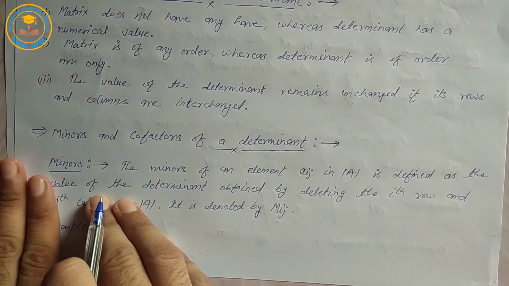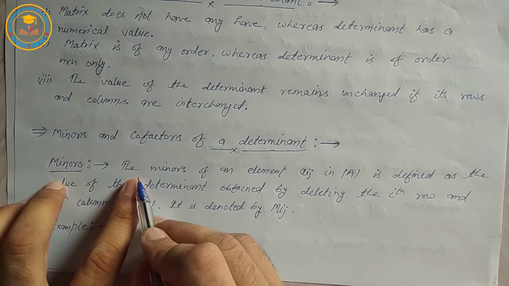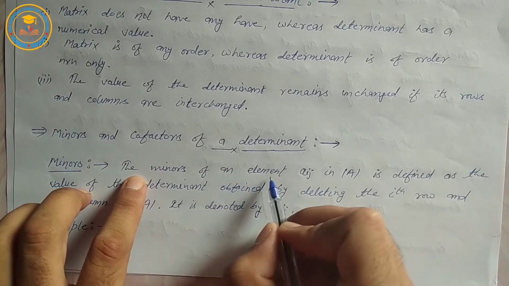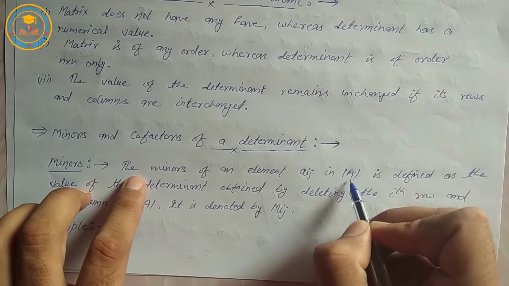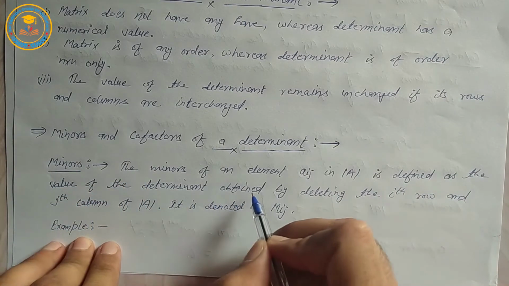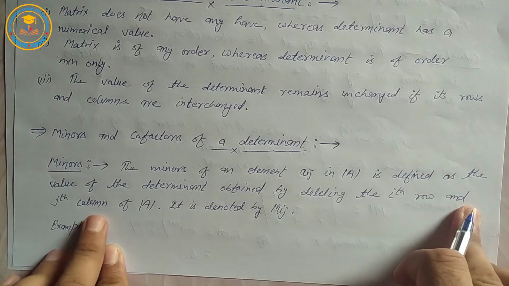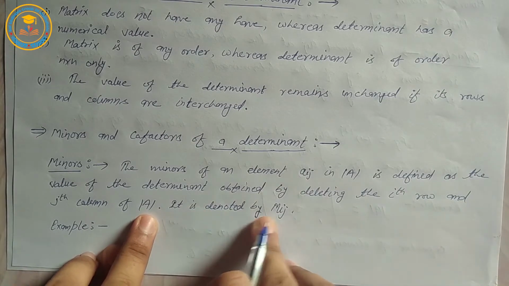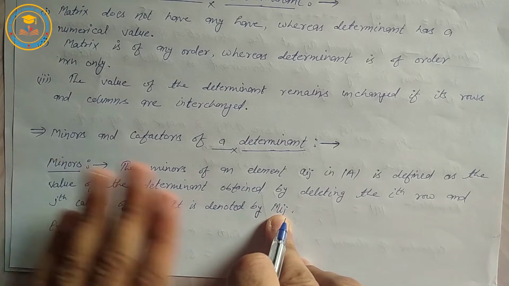Definition of minors: the minor of an element Aij in the determinant of A is defined as the value of the determinant obtained by deleting the ith row and jth column of determinant of A. It is denoted by Mij.